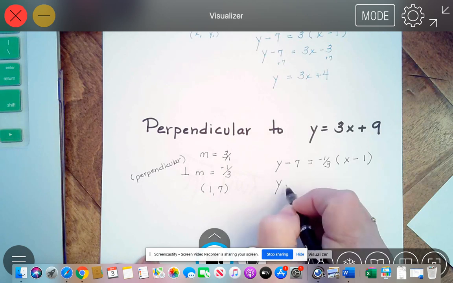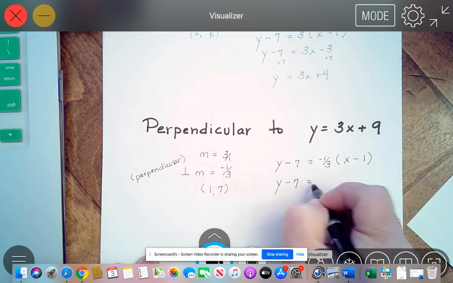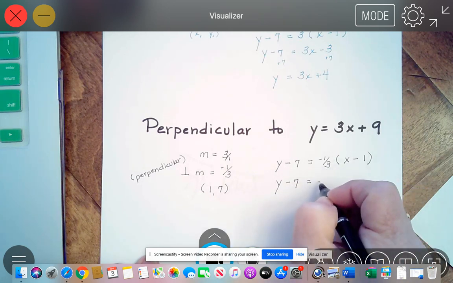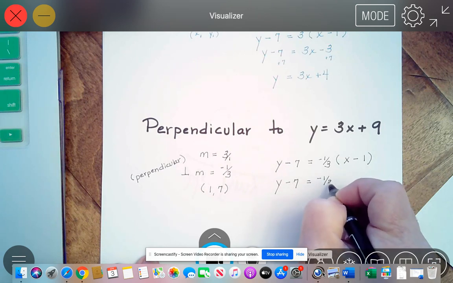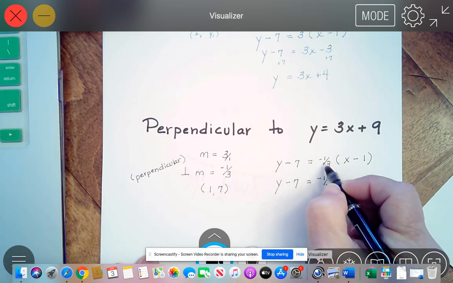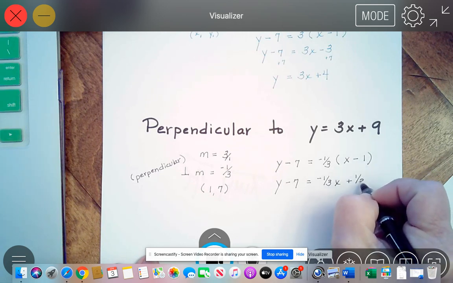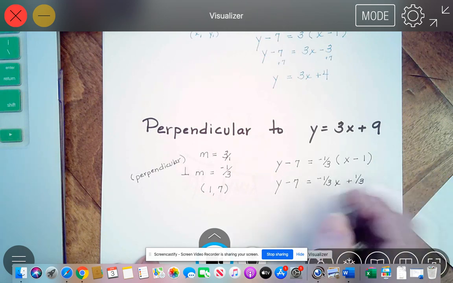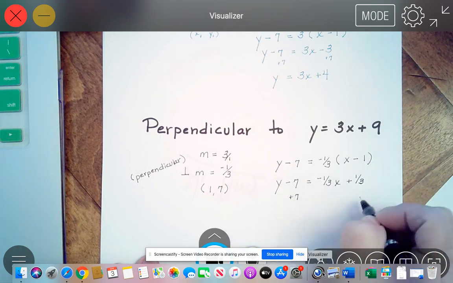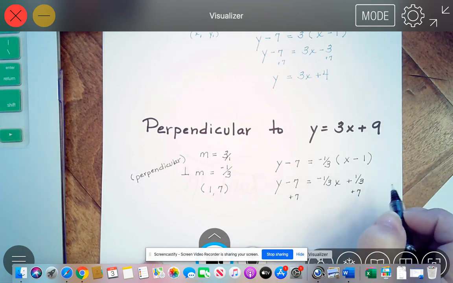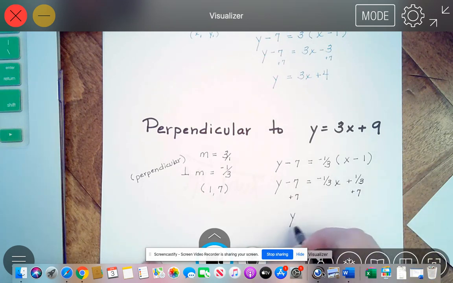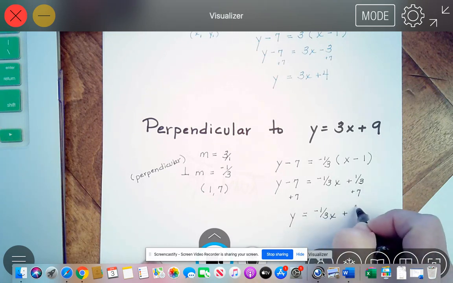I have y minus 7 is equal to, I need to distribute the negative 1/3. Negative 1/3 times x is negative 1/3 x. Negative 1/3 times negative 1 is positive 1/3. Now I'm going to add 7 to both sides, just like I did in the previous one. And I have y is equal to negative 1/3 x plus, and this is going to be 22 over 3.